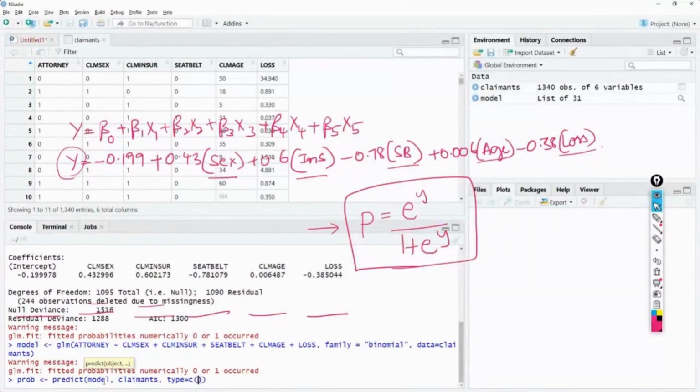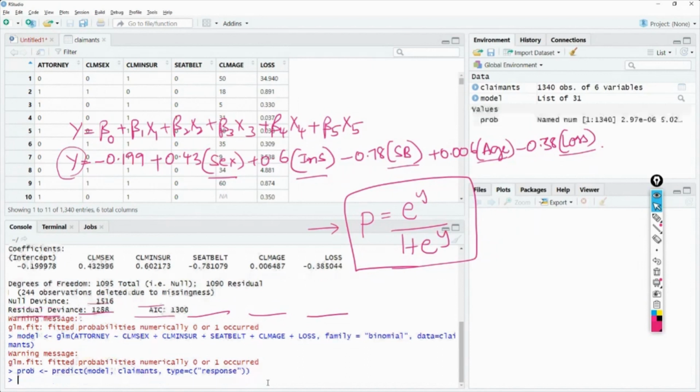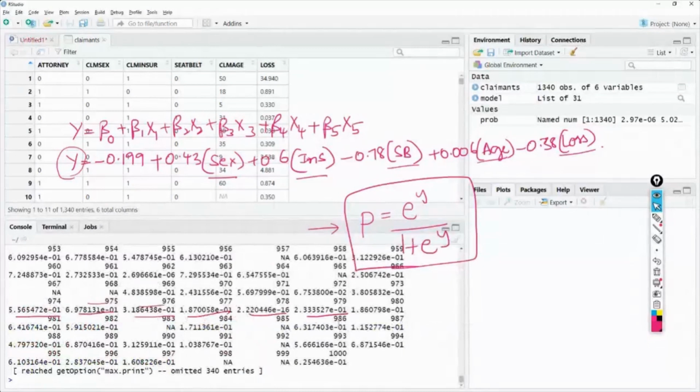For that, you have to give type equal to c of response. When you type type equal to c of response, you'll get the right answer. Enter. Now, if I say probability values and enter, look at that.